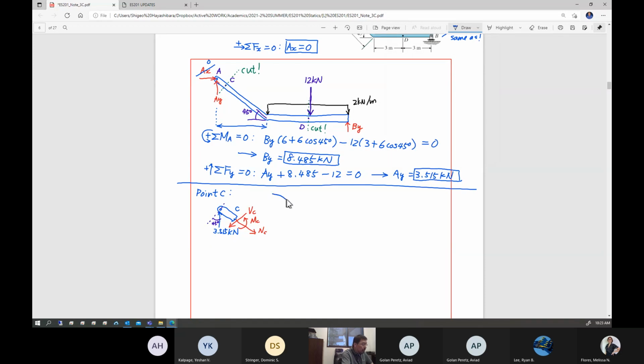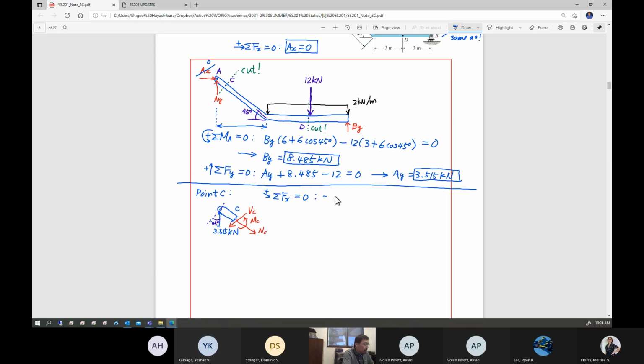So first of all, let's do summation of the force in x direction. Let's set this as the x direction, along the axis of this member. Summation of the force in x direction is set equal to 0. This is going to make things, I hope, easier. So this 3.515 kilonewton component in this direction is basically sine 45, isn't it?